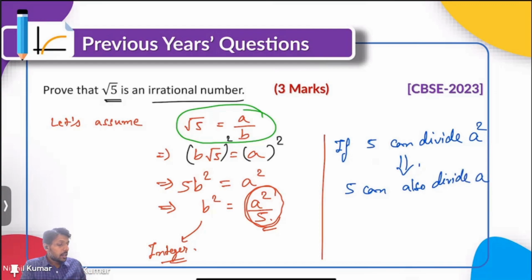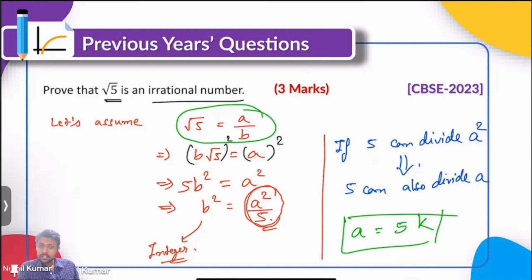Now we use this theorem to express a in this form. If 5 can divide a, can I write a as 5 times some other integer, 5k? Can I write that? Of course, some other positive integer. So a is equal to 5k. We're going to use this here.